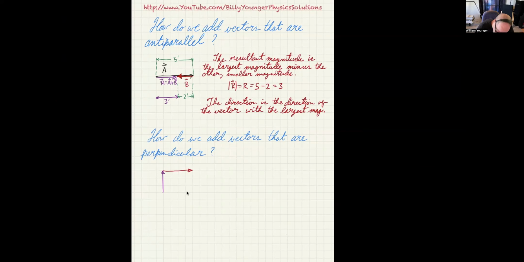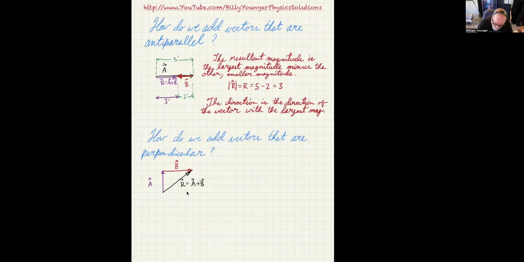So the purple one might be vector A, and the red one might be vector B. Since they're head to tail, you just draw a vector from the tail of the first to the head of the last. That's exactly the way we did it when we were talking about walking from the front porch. So this vector is the resultant, and it's equal to A plus B.